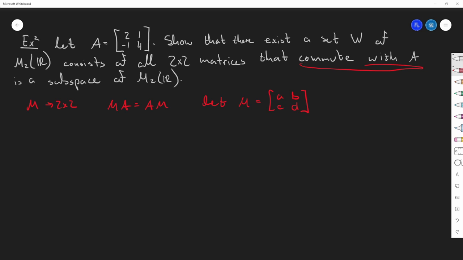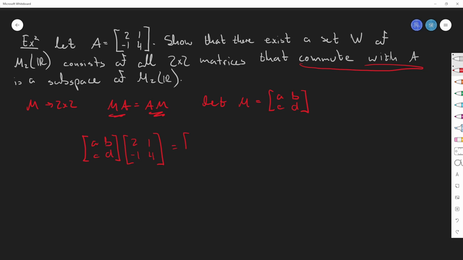Now, because we have to check that MA is equal to AM, we can substitute. On the left side we'll have the matrix a, b, c, d multiplied by 2, 1, negative 1, 4.